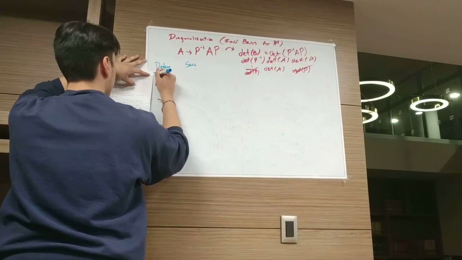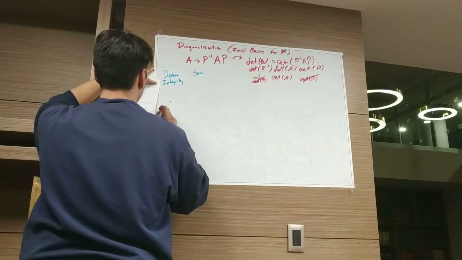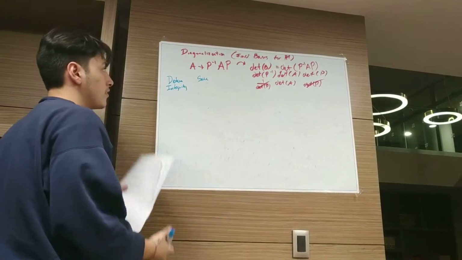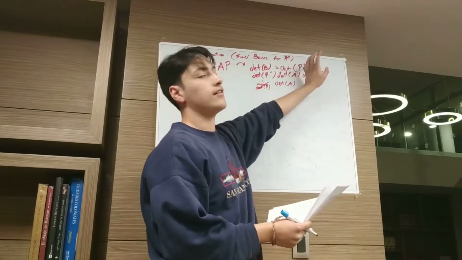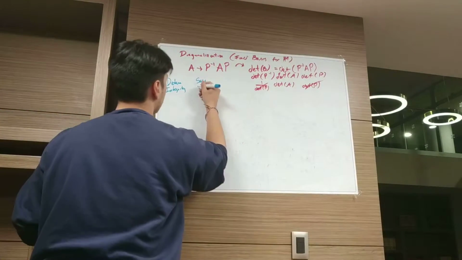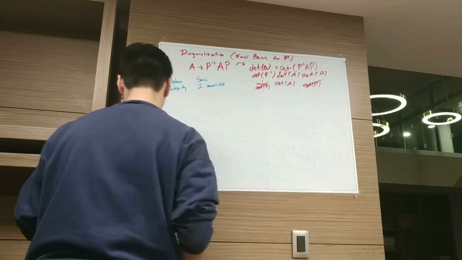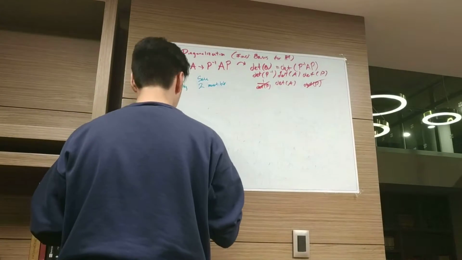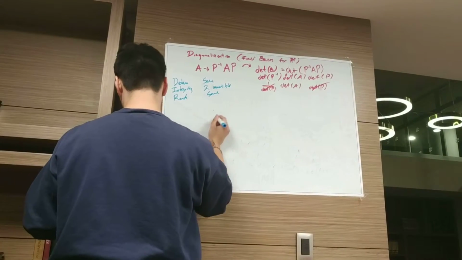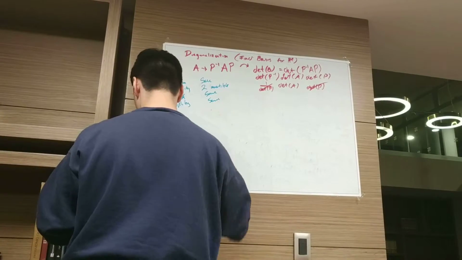Also invertibility: if A is invertible, then P inverse times A times P also needs to be invertible. So if one is invertible, the other needs to be invertible. Also, the rank, they need to have the same rank. Also, the nullity needs to be the same.